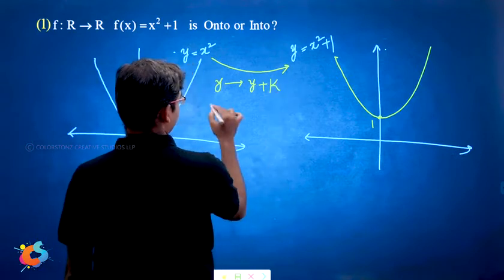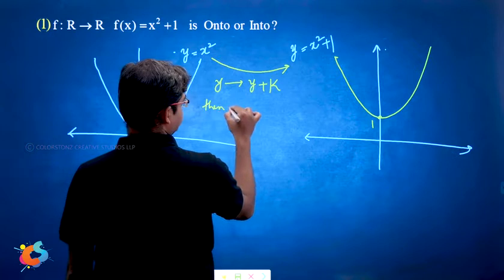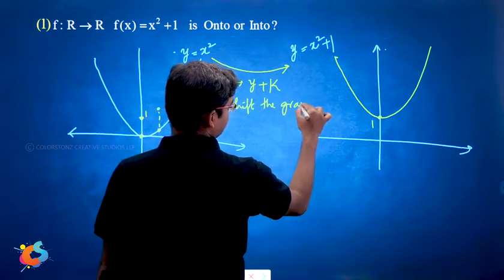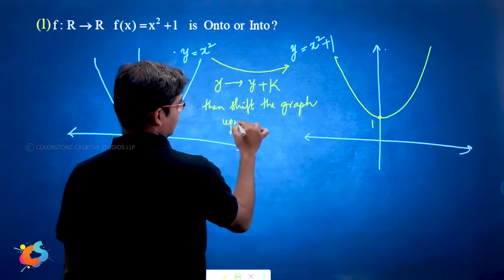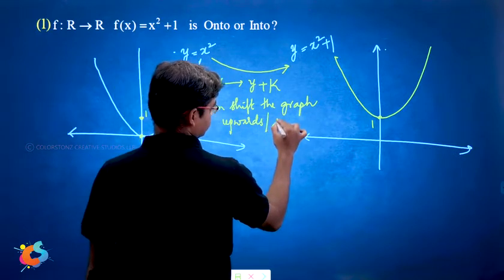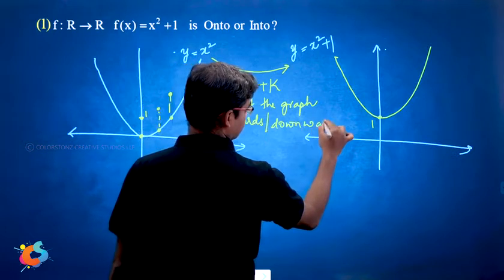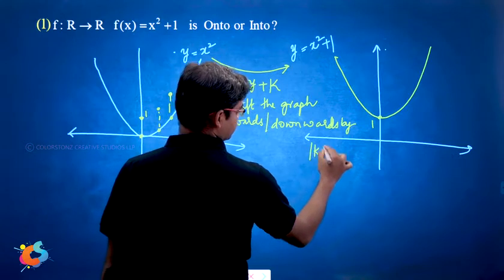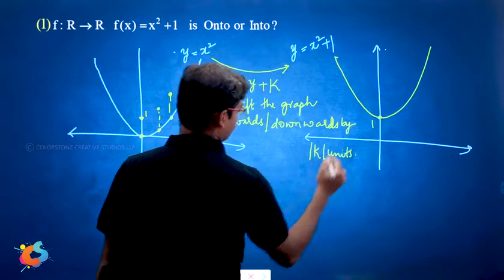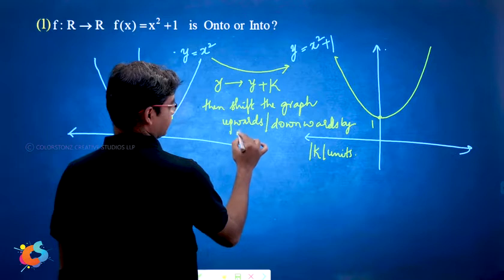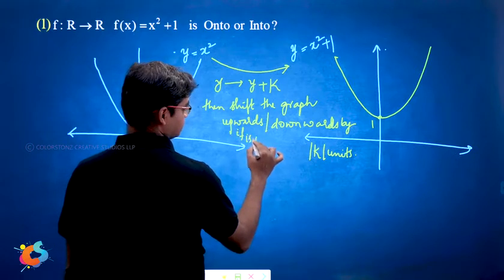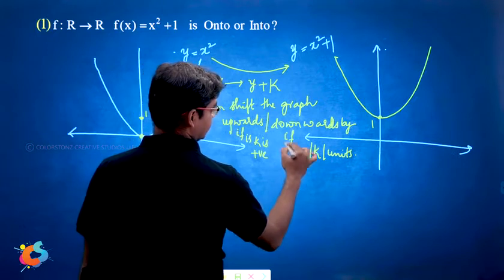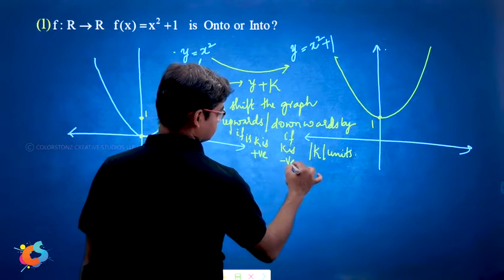So let us say k, then shift the graph upwards or downwards by mod k units. Okay, mod k units. Upwards if k is positive, and downwards if k is negative.